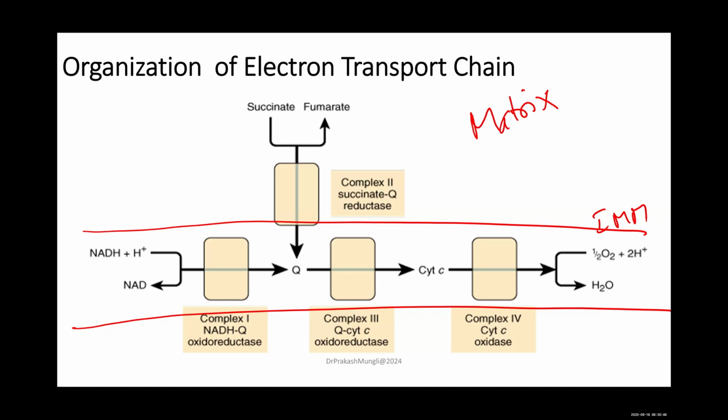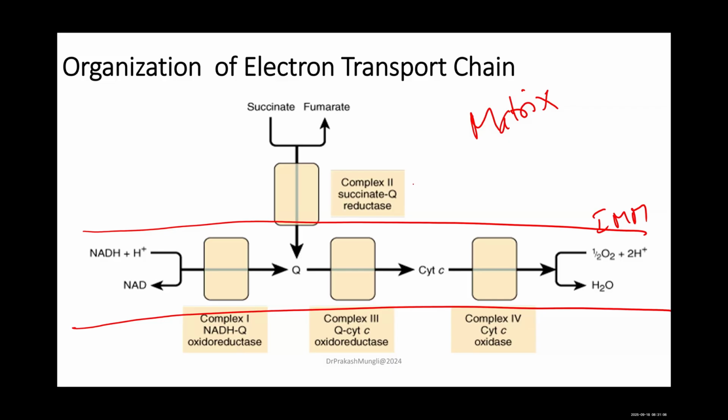So complex 2 is kind of projected into the matrix because it is also part of TCA cycle. Complex 2 in the electron transport chain also acts as one of the enzymes in TCA cycle. We are going to see that.